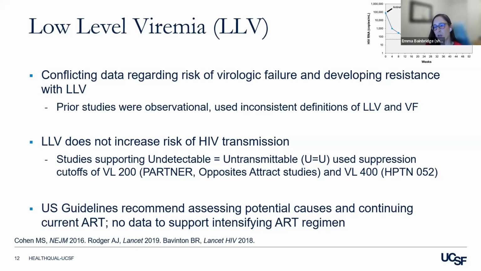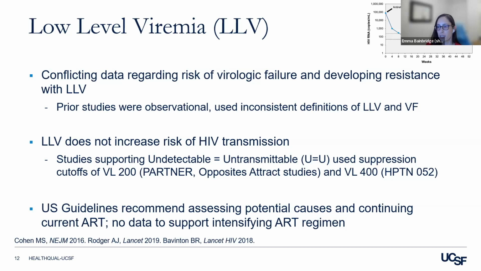What we do know, though, is that low-level viremia does not increase the risk of HIV transmission. And the reason we know that is that the studies that support this concept of undetectable equals untransmittable, or U equals U, their suppression cutoffs were much higher than the definitions that I just provided to you.